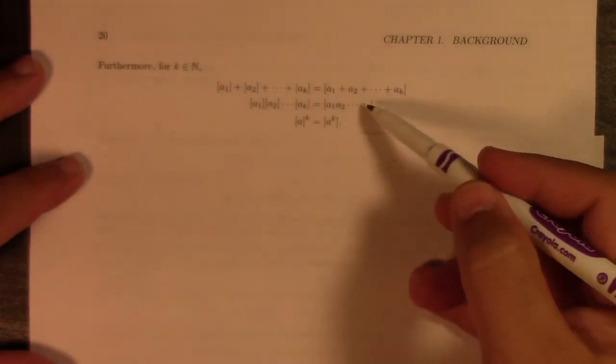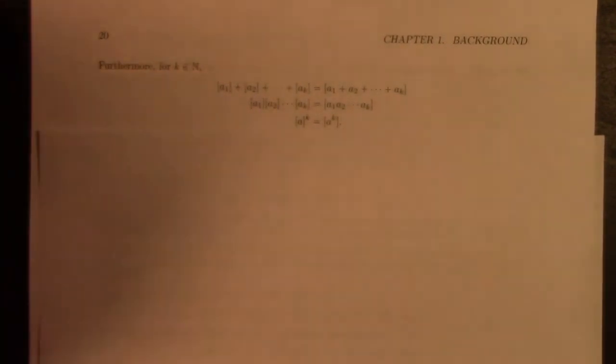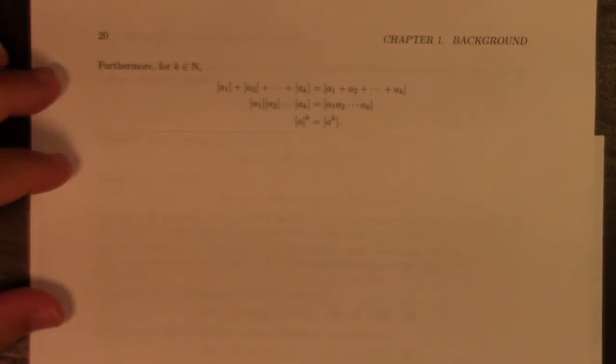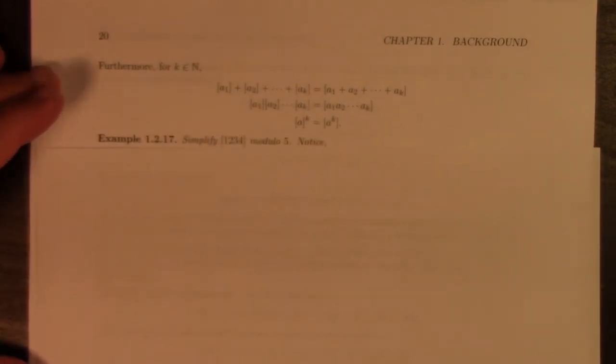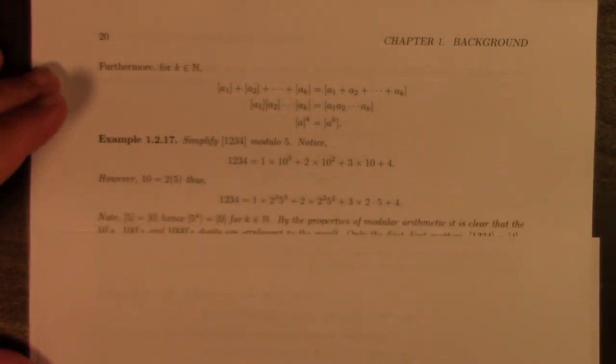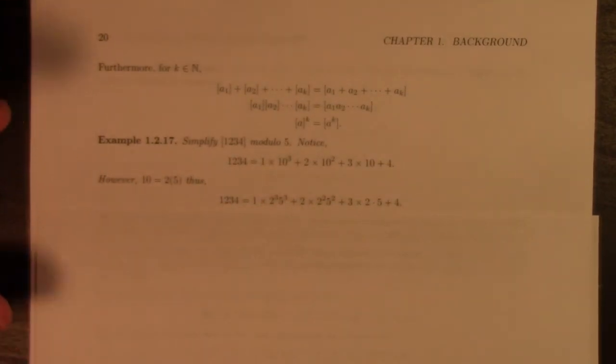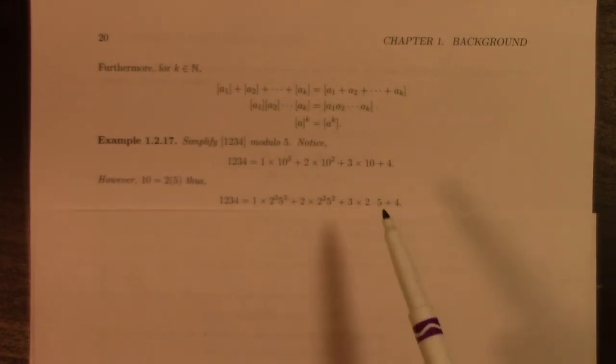And of course, this implies that the equivalence class of a raised to the k power is the equivalence class of a to the k. It's kind of nice. And then here are some sample calculations to help you start to see why modular arithmetic is pretty neat, especially for analyzing questions about divisibility and remainders. It can be very simplifying.